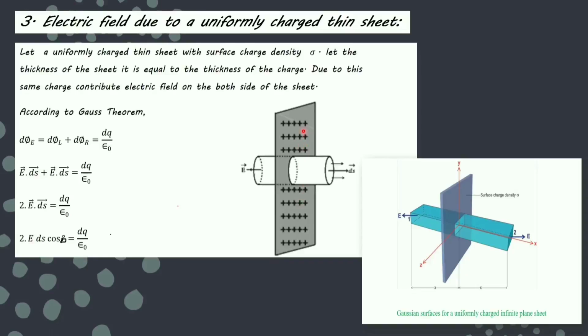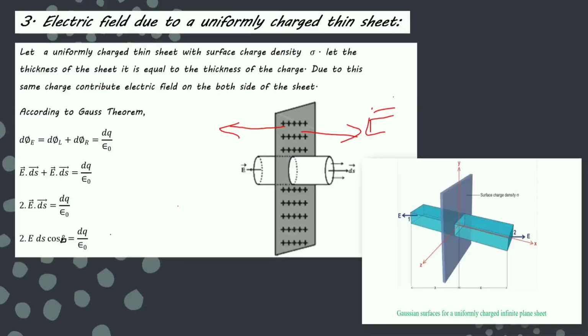So here the electric field is like this, and here the electric field will be like this. You can draw the electric field if you have any confusion. This is the electric field in this direction, and this will be the electric field in the other direction. So in both directions you can draw the electric field. Directions of the field should be clear to you.